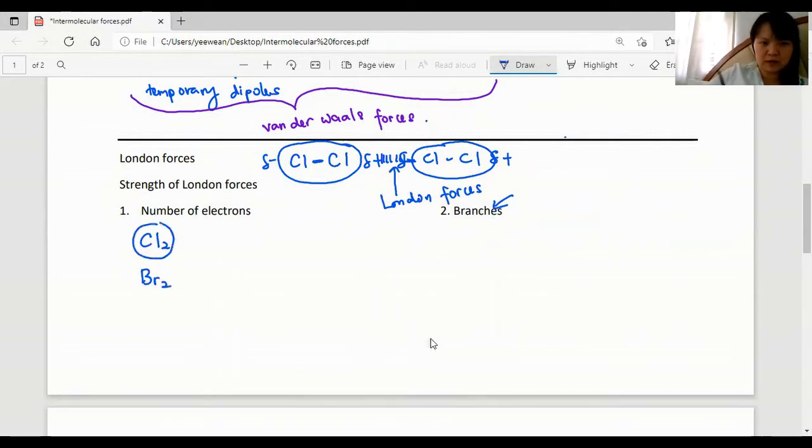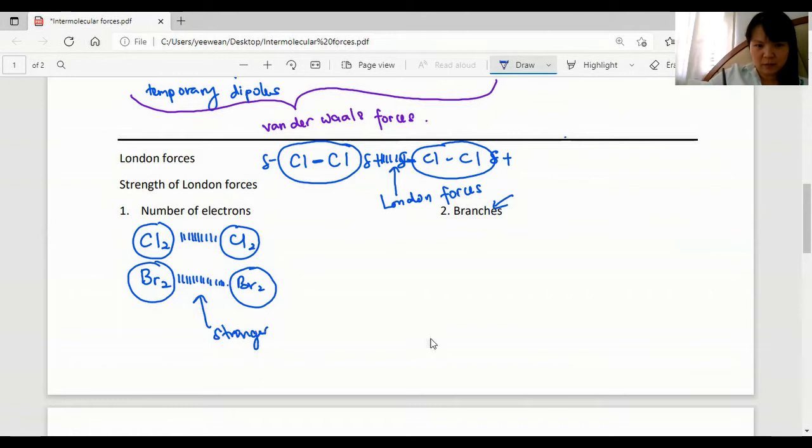One Cl2 to another Cl2, they bond by London forces, and Br2 to another Br2 is also London forces, but it's stronger because there's more electrons in Br2 compared to Cl2. So the strength of London forces is stronger.